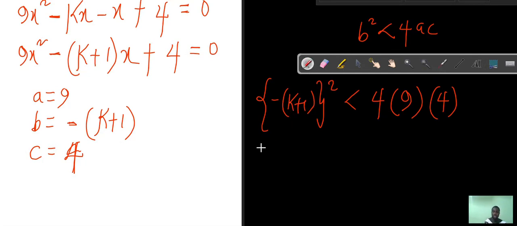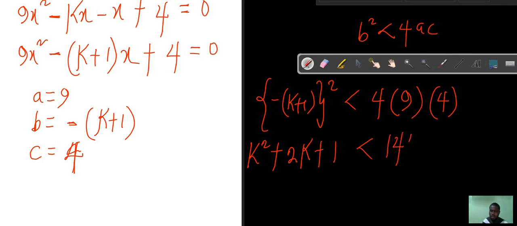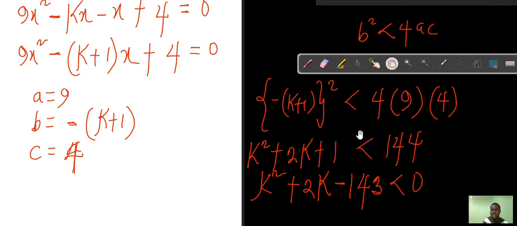So we're left with (k plus 1) whole square, so that's k squared plus 2 times 1 times k, 2k, plus 1 squared, plus 1, less than 144. So k squared plus 2k, okay, I think I'm right. K squared plus 2k minus 143 less than 0.